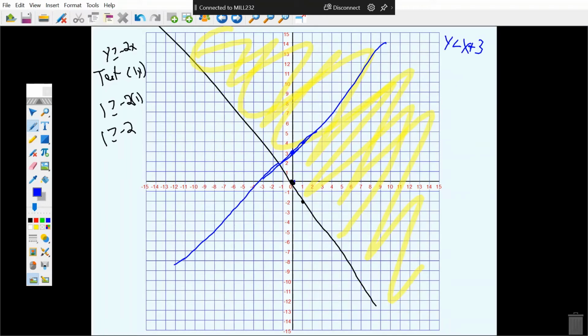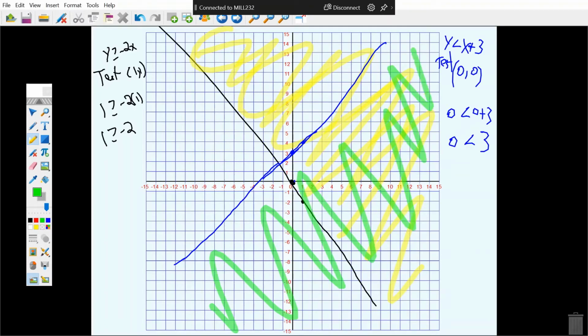Here we can use 0 and 0 as our test numbers. Again, you can use any number above or below the line. If I put a 0 in for x and a 0 in for y, I get 0 is less than 0 plus 3. So 0 is less than 3. Is 0 less than 3? Yes, it is. So now, because the test point was right here, I can shade everything below this line.